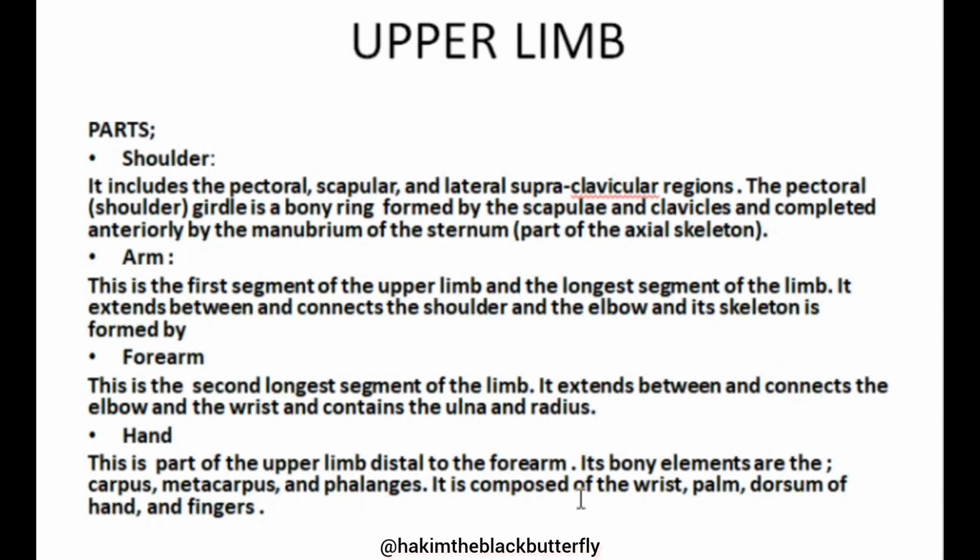The different parts of the upper limb are the shoulder, the arm, the forearm, and the hand. The shoulder has different regions.